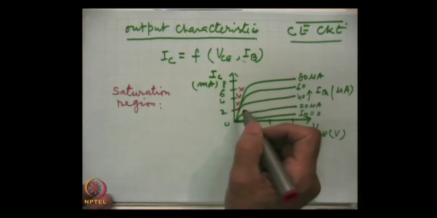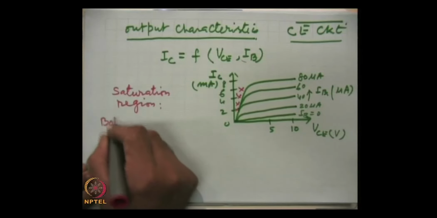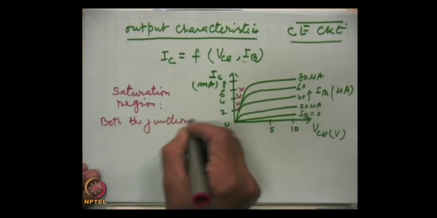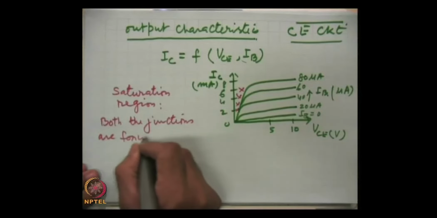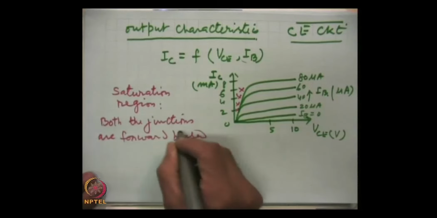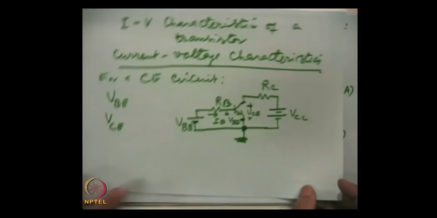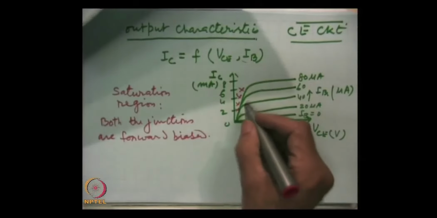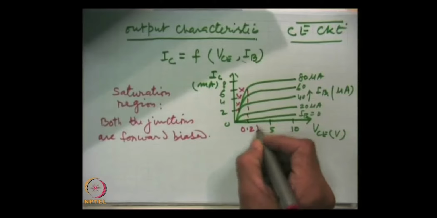Here I will show you that both the junctions are forward biased. Look here, when this VCE is very small, and actually for a silicon transistor this is just 0.2 volts.